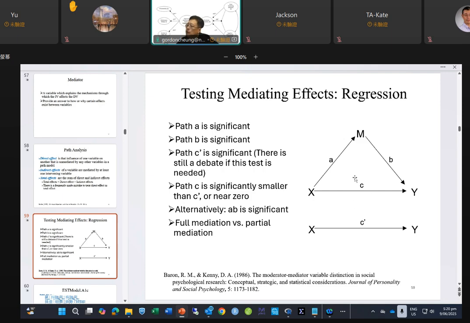If C is statistically significant, that means there's some remaining effect here, then AB is only a partial mediation. If C is not statistically significant, that means all the effect will go through M. That is a full mediation.